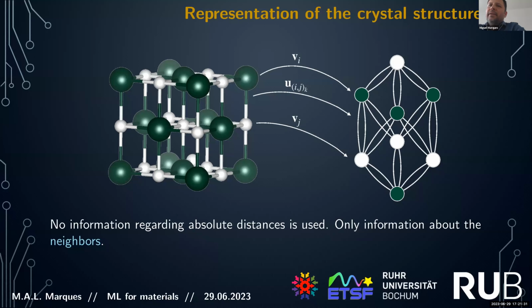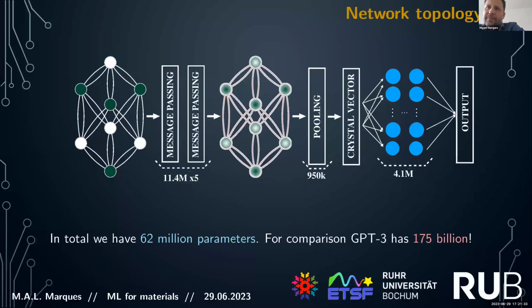This representation is then changed by a series of, let's call them, convolutional layers. They use message passing and they use attention heads, so these are concepts that came from natural language processing.